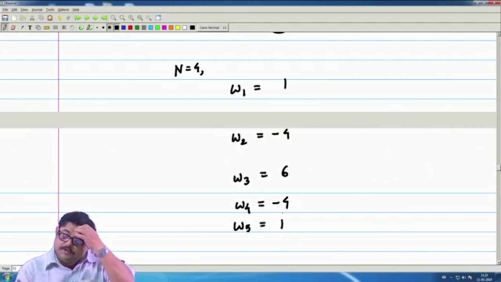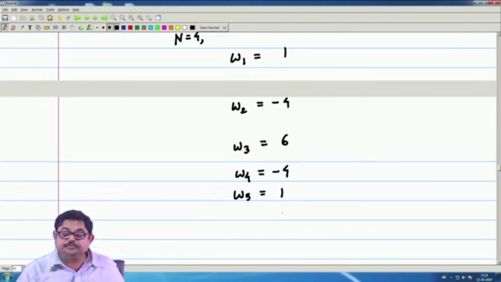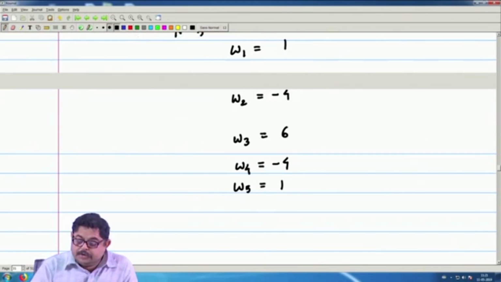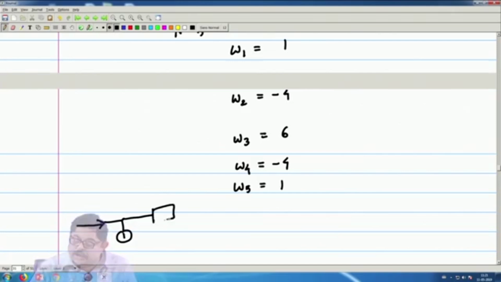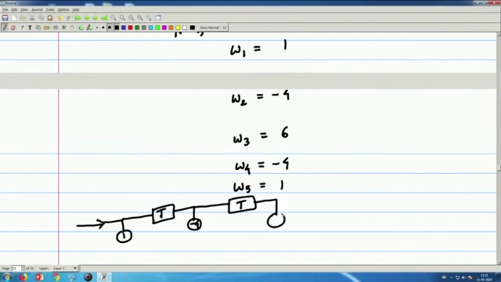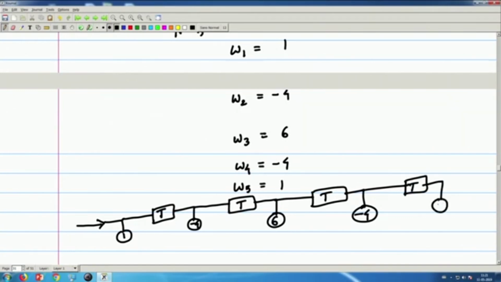And so, that means the thing will be, you are giving an input, then you are giving a weight of 1, then you are putting a delay, you are giving a weight of minus 4, then you are giving another delay, you are giving a weight of 6, then another delay, you are giving a weight of minus 4, then another delay and giving a weight of 1.